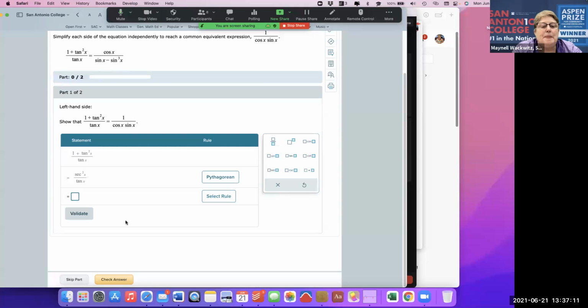Okay, can we do anything with algebra if we have secant squared x over tangent x? That's right. Tangent x is just sine over cosine. Well, eventually I think we want to do that. So secant squared is what?